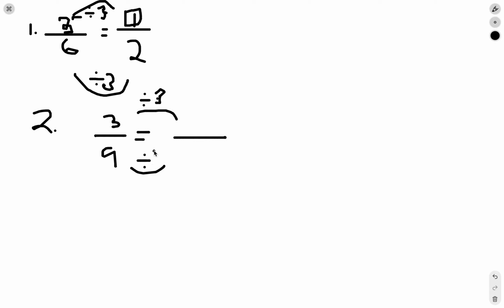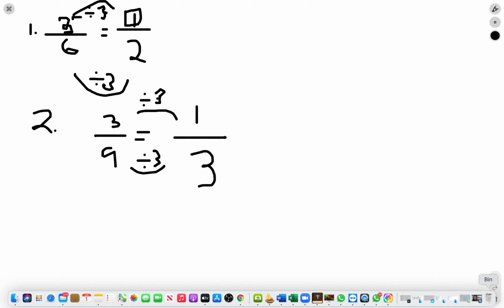So just do that. 3 divided by 3, 1. 9 divided by 3, 3. And that is your answer. The next page is the same thing.